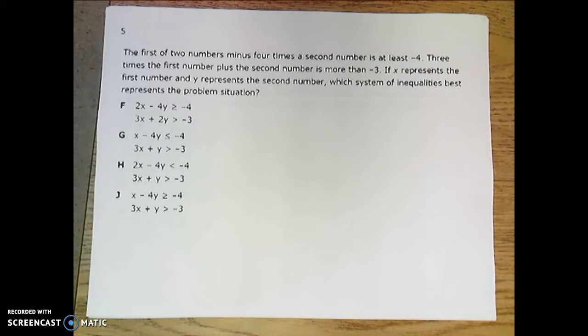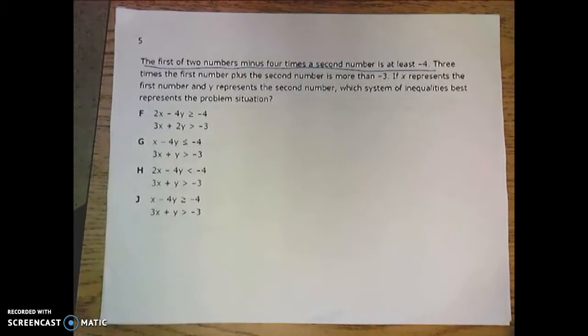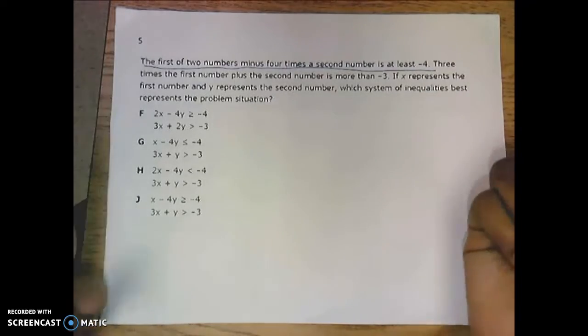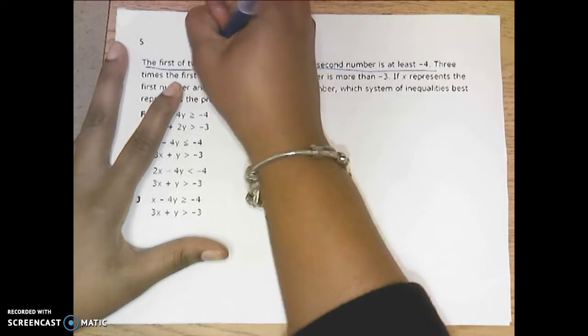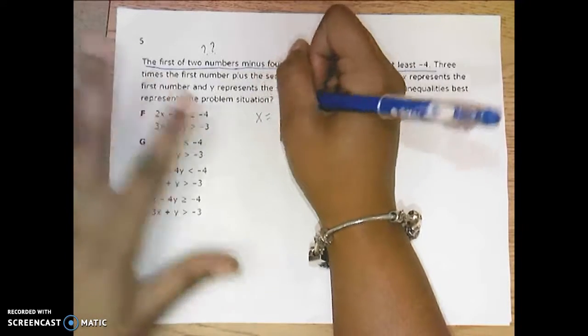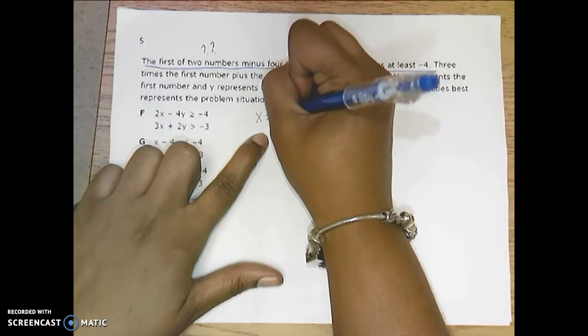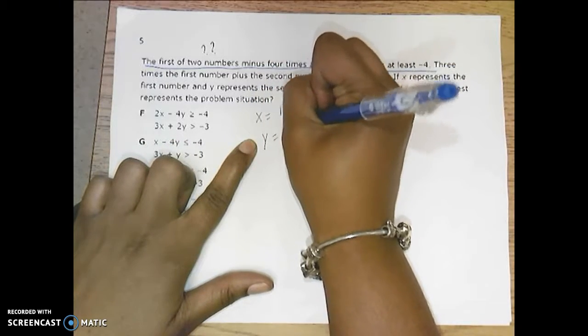Okay, here's number 5 from the review. The first of two numbers minus 4 times the second number is at least a -4. Let me let y'all know, I read this problem about 3 or 4 times. So, once again, the first of two numbers minus 4 times the second number is at least a -4. This first of two, I'm not going to even lie to you, it threw Ms. Gable for a loop. All this means, though, is that X could be the first number and Y is going to be the second number.